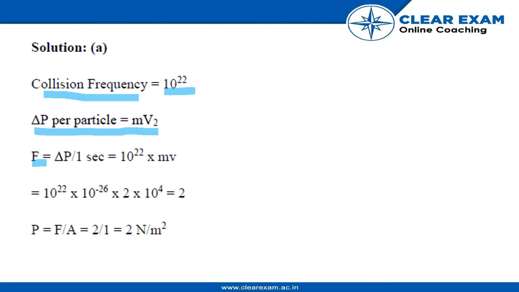So force exerted is equal to change in momentum per unit time, which is 10^22 into the change in momentum, which is mv. So force is equal to 10^22 into 10^-26 into 2 into 10^4, which comes out to be 2. So pressure exerted is equal to F by A, which is 2 by 1.